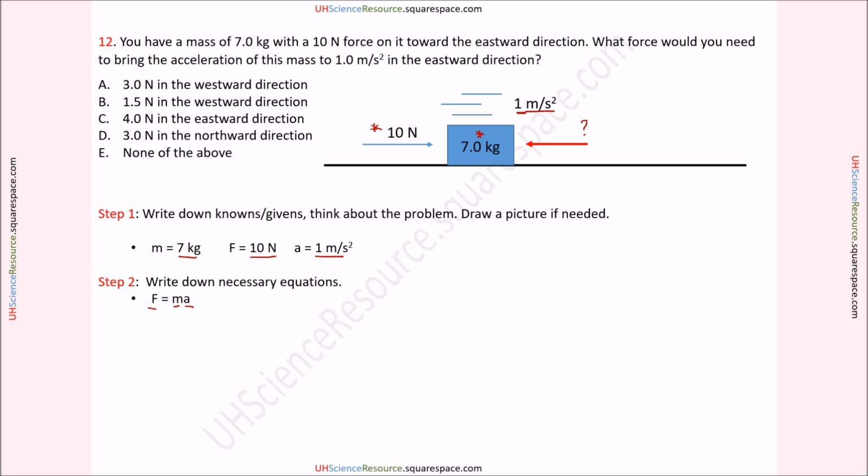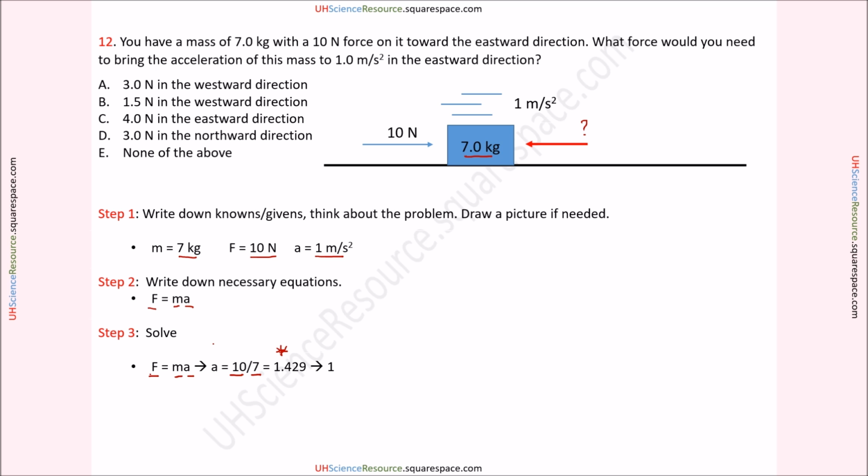Now, to figure out how we get the mass to be accelerating at 1 meter per second squared, we need to first figure out how much the mass is accelerating using the 10 newton force in the first place. So we're going to solve for the acceleration by rearranging force equals mass times acceleration, dividing the force of 10 newtons by the mass of 7 kilograms to figure out what it's actually accelerating right now.